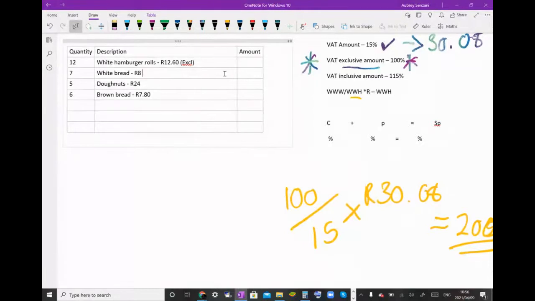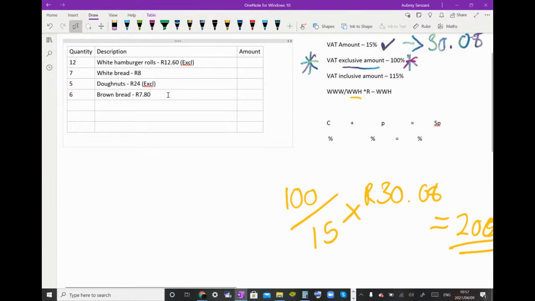Then the next one says 5 dozen donuts at 24 Rand plus VAT per dozen, so again this is exclusive of VAT.